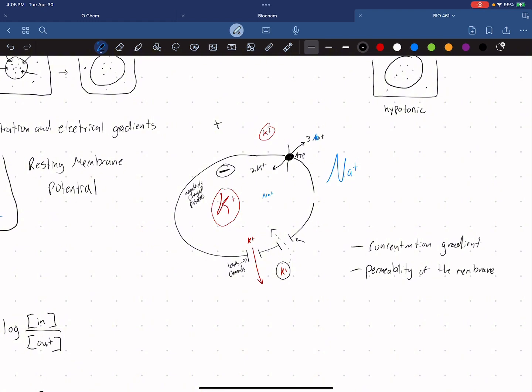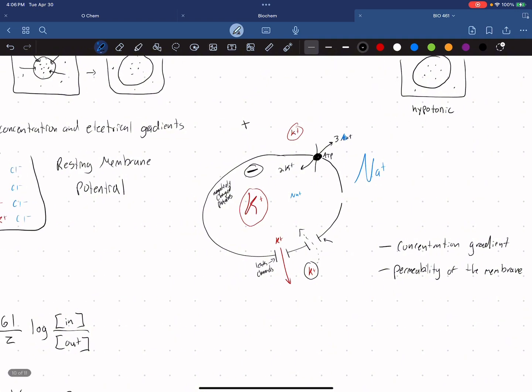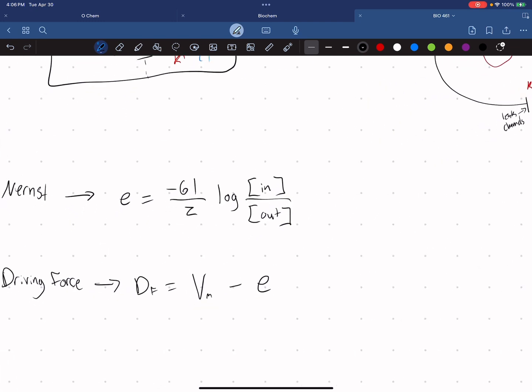So with different ions and different concentrations of those ions, we could have a different magnitude of a resting membrane potential depending on which ions are moving in and out of the cell, and the permeability of the membrane will also determine that. So now we're going to talk about two different equations here.